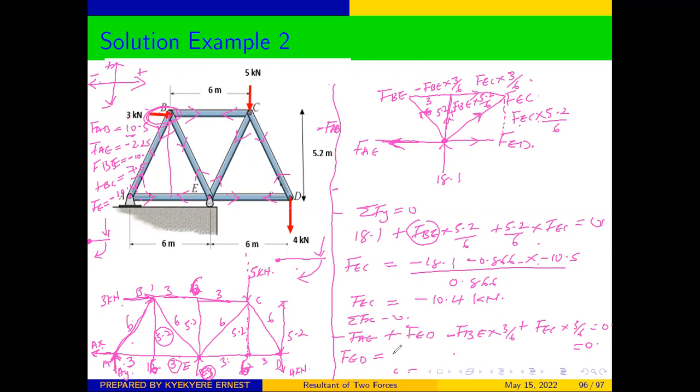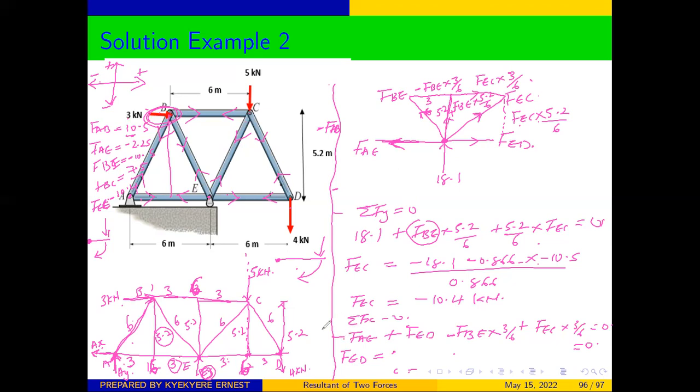We can substitute those ones, and then FED will be equal to, we already know FAE, which is negative 2.25. FAE is going this direction, we said that it will be negative.